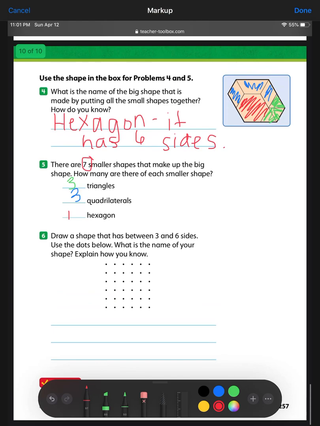Now let's do number 6. Number 6, draw a shape that has between 3 and 6 sides. Use the dots below. What is the name of your shape? Explain how you know. So you may make this any way you want. It just has to have between 3 and 6 sides. And you can use the dots below. I'm going to make it simple and draw a rectangle. So my shape is a rectangle.